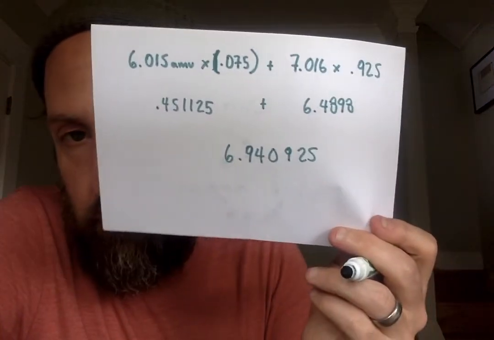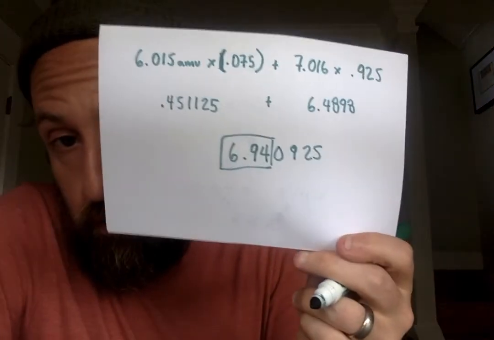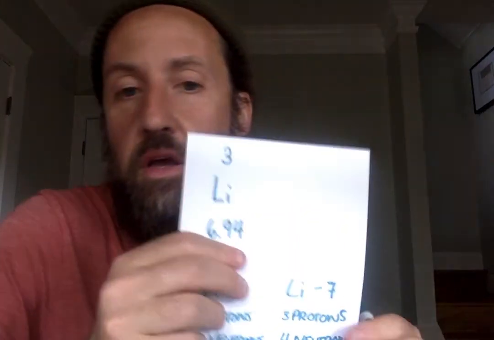And so I'm just going to add those 2 numbers together, 0.451125 and 6.4898, and that gives us 6.940.